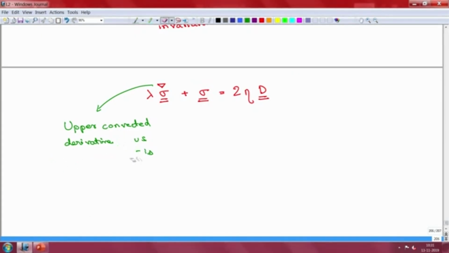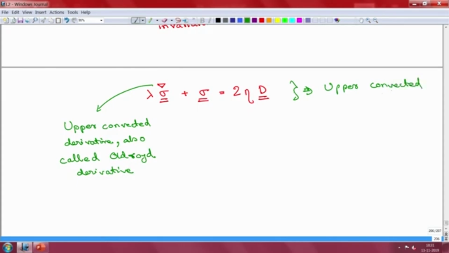So, this is the upper convected derivative, also called the Oldroyd derivative. So, this triangle here marks the upper convected derivative, also called the Oldroyd derivative, and this model is now my upper convected Maxwell model. Also often called UCM.